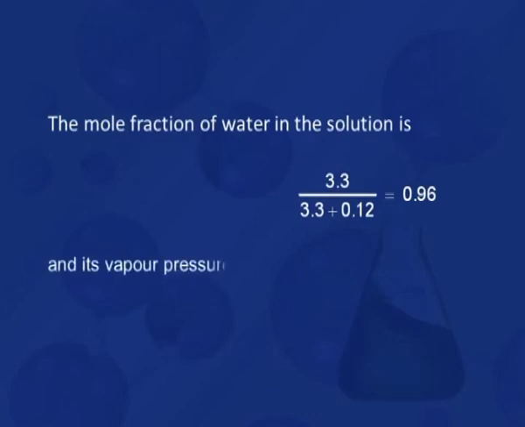Hence, the vapor pressure will be the mole fraction of water into the vapor pressure of pure water at this temperature, which is equal to 0.96 into 26 torr, which comes out to be 25.1 torr.